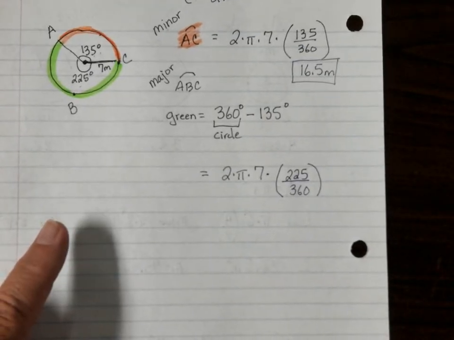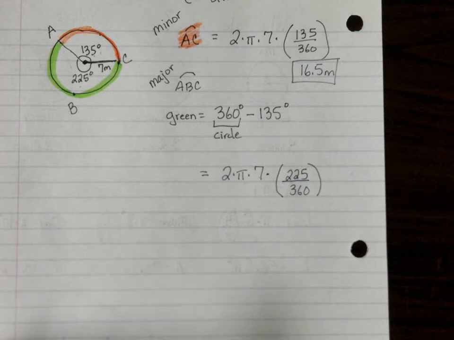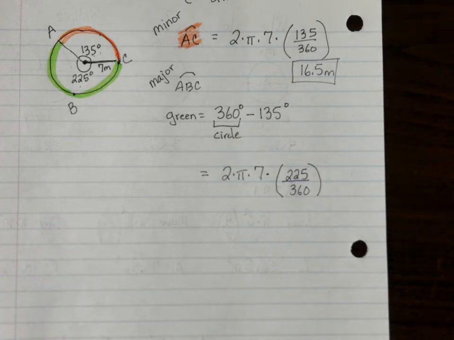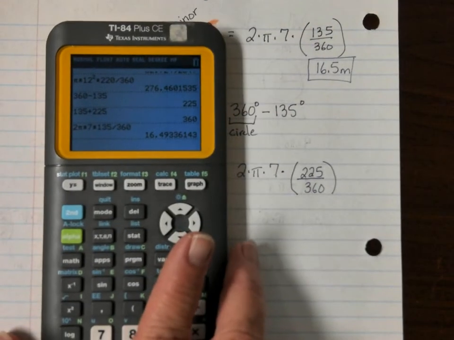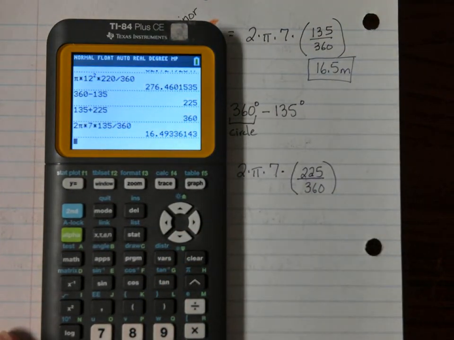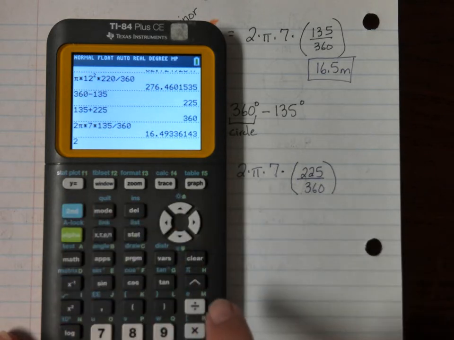Everybody understand how to set that up? Now, type it in a calculator. Electronic calculator, handheld calculator. Because part of this is being able to get to the right answer, even if you have the right formula.